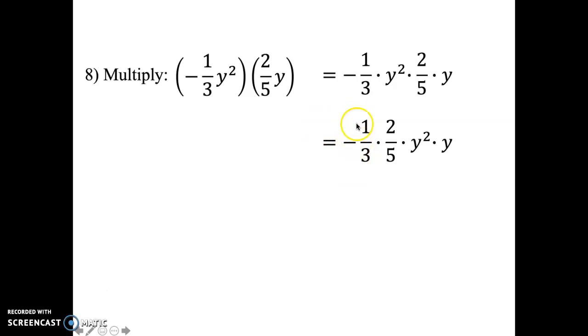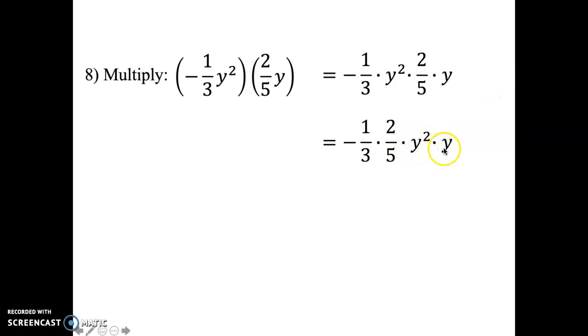Here I've got a negative fraction times positive. That makes it negative. To multiply two fractions together, it's numerator times numerator, denominator times denominator. So that's going to be 2/15. So negative 2/15.